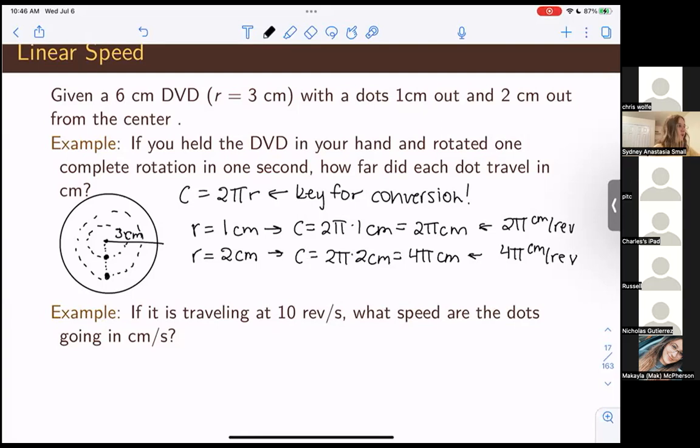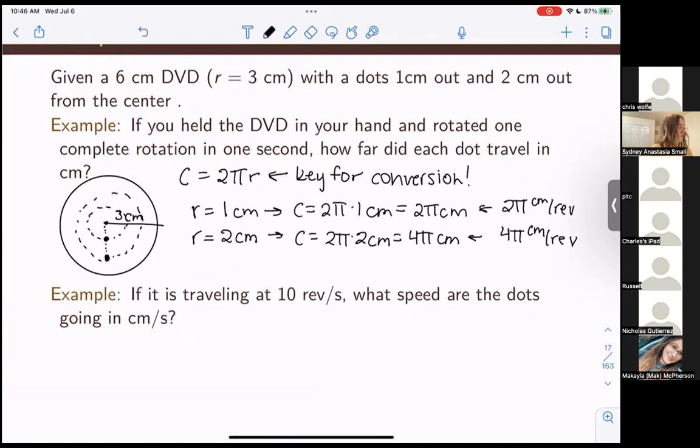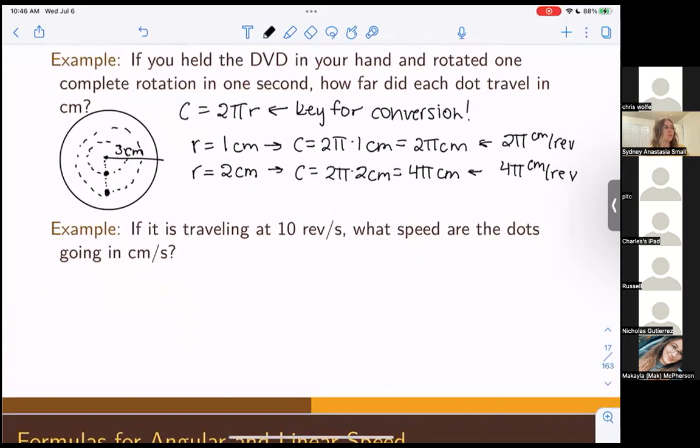Okay, let's tie this back into our old example a little more. If the CD is traveling at 10 revolutions per second, what speed are the dots going at in centimeters per second? So essentially, we want to convert revolutions per second to centimeters per second. In other words, we want to convert revolutions to centimeters. Turns out these 2 pieces of information here give us all we need to know.